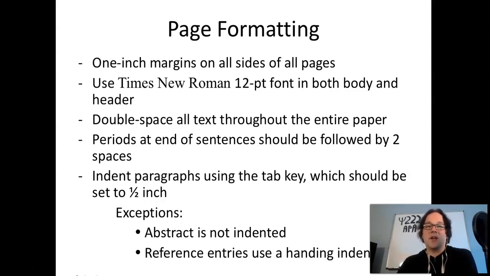We'll see that the abstract is not indented. And in the reference section, the way that we format references, we use what's known as a hanging indent. I know my little video box is cutting off that last part of that sentence there, but it's called the hanging indent, and we'll see what that looks like in a bit.